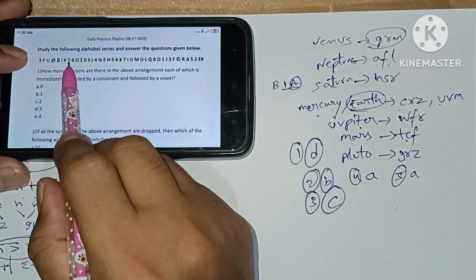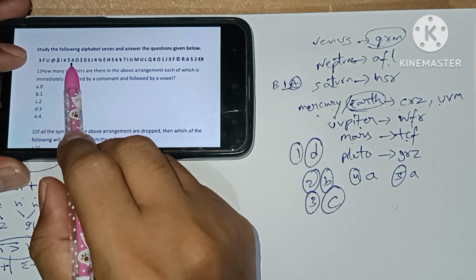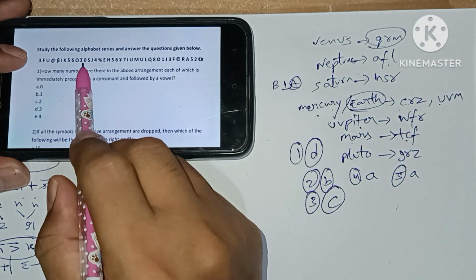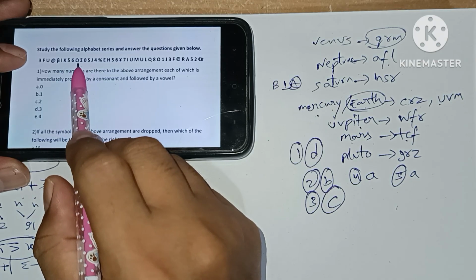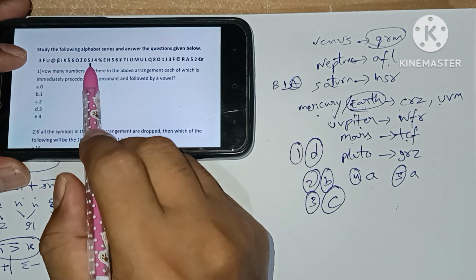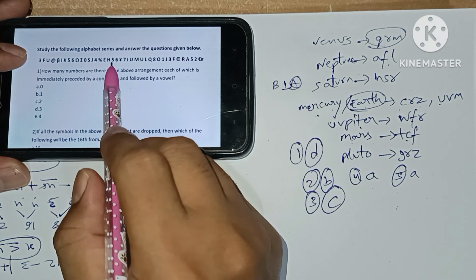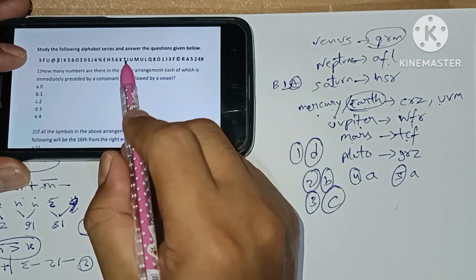Next one is 5: there is no alphabet after 5. There is no alphabet before 6. There is a symbol. Number 4: no alphabets beside.